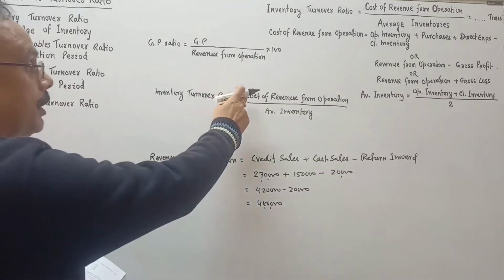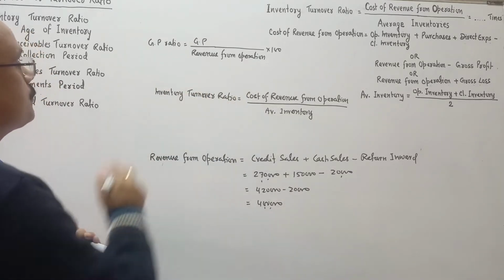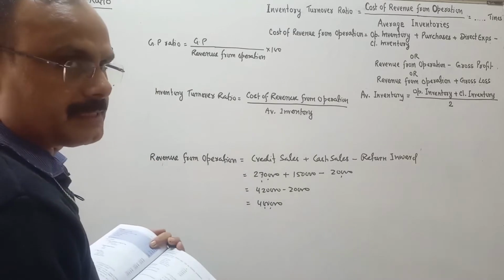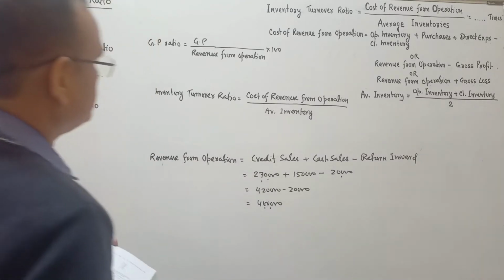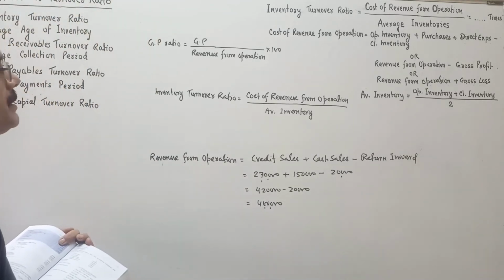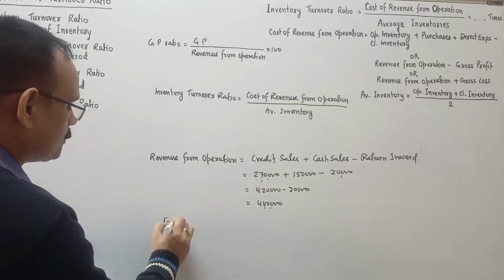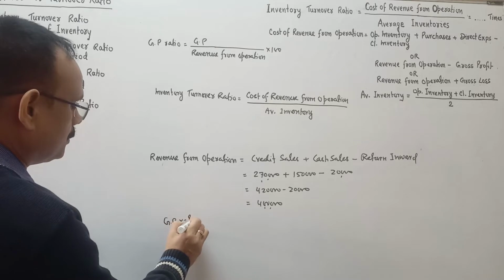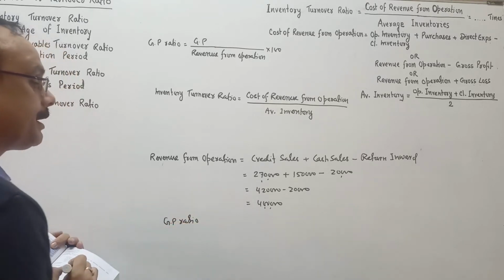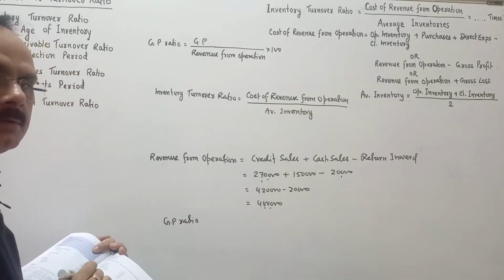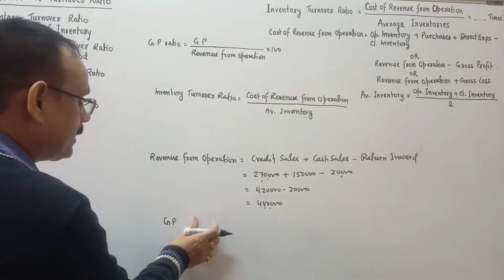But we want the cost of revenue from operation. So this one clue is given, 25%. GP is 25%. So we'll calculate the gross profit.